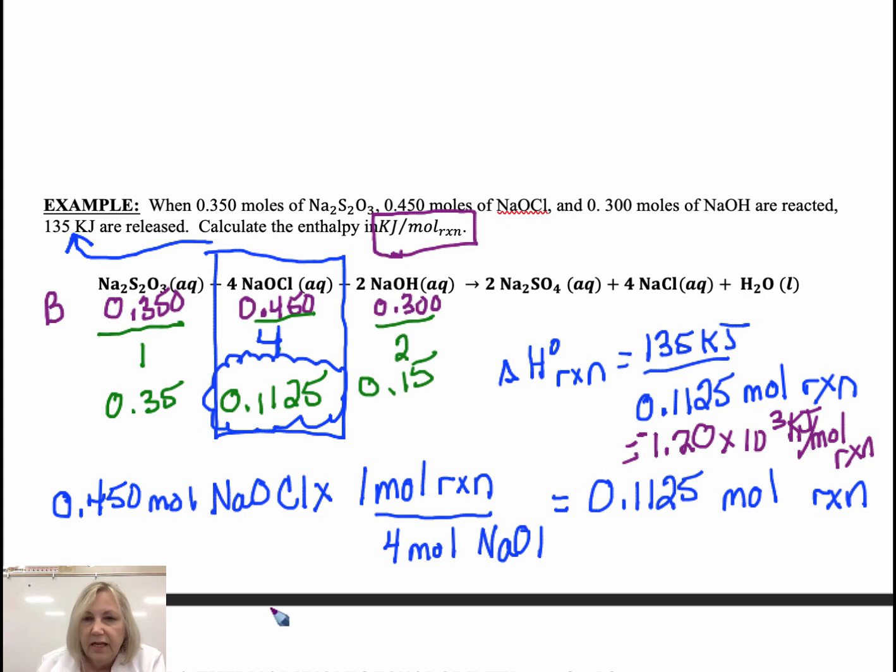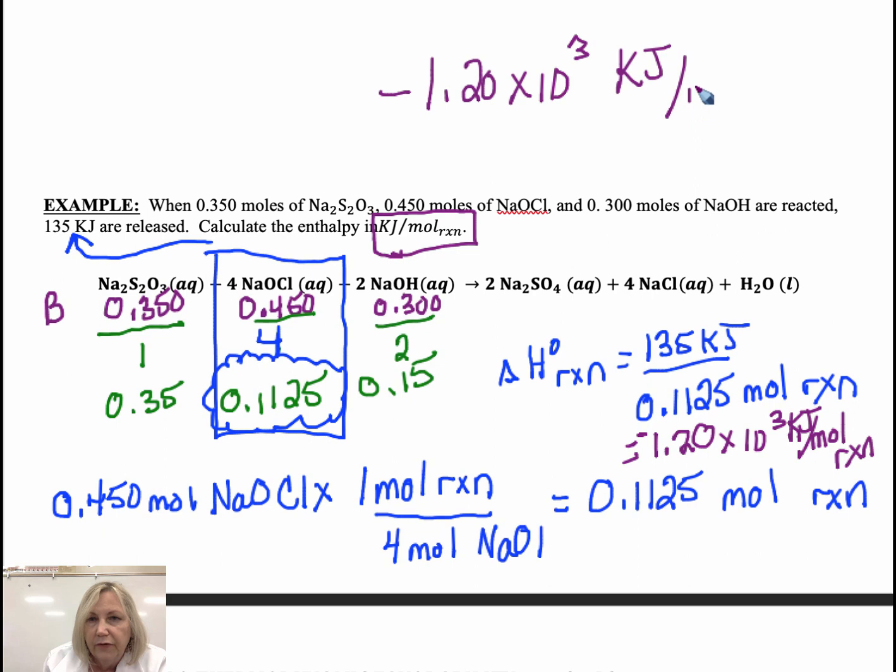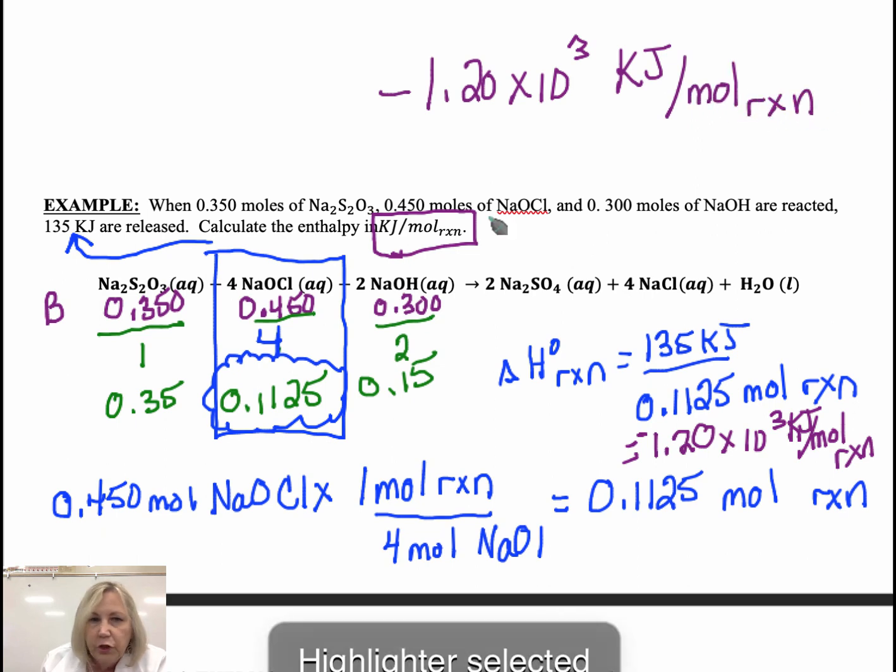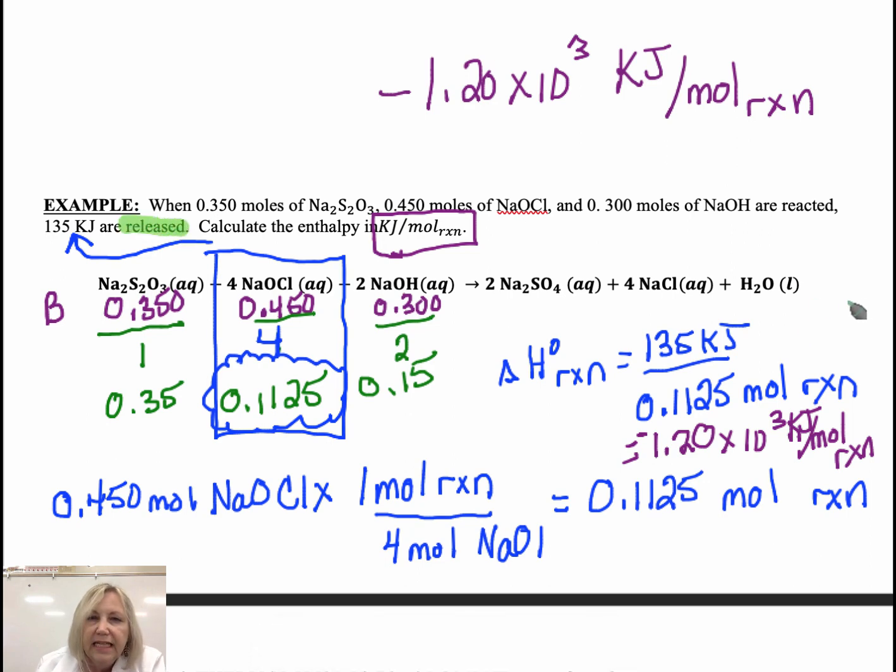Okay, so let me rewrite that: minus 1.20 times 10 to the 3rd kilojoules per mole of reaction. And you may be asking at this point how I knew it was negative, and it's because the process tells me that energy is released, therefore it is an exothermic reaction.